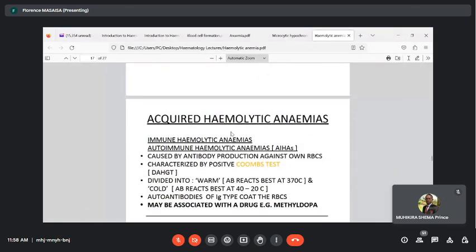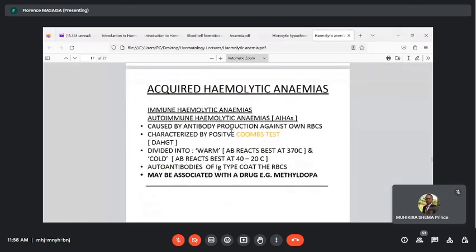Next, we have acquired hemolytic anemia, which can be either immune or non-immune. In the immune type, I want to talk about autoimmune hemolytic anemia, which is caused by antibody production against one's own red cells. The body produces antibodies which destroy its own red blood cells.